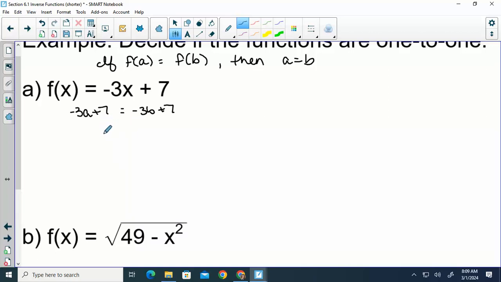Subtract the 7, divide by negative 3. So if I subtract my 7 and divide by negative 3, I get a equals b. So what does that mean? It's one-to-one. I figured out that the only way those y values could be equal was if I had the same x to start with. So that's the algebraic approach to say, yes, this is one-to-one.